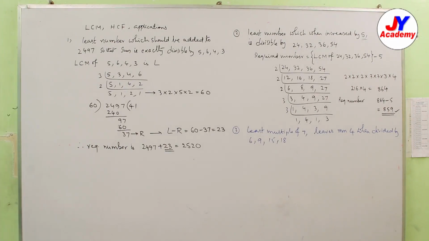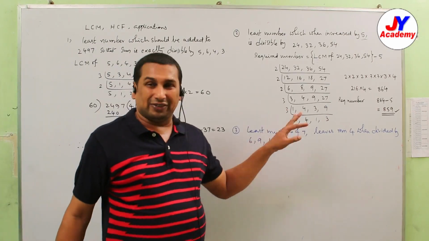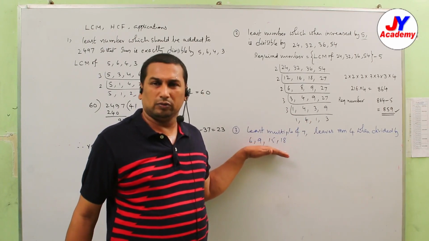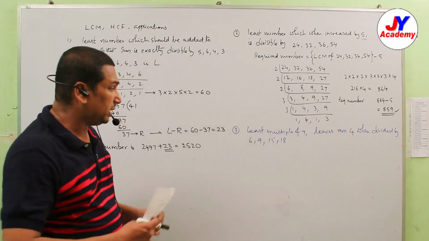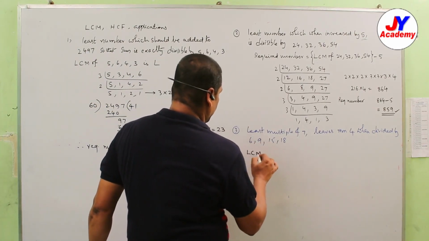Understood all of you that question? We have to find the least multiple of 7. So better to find the LCM of these 4, with leaving remainder 4.